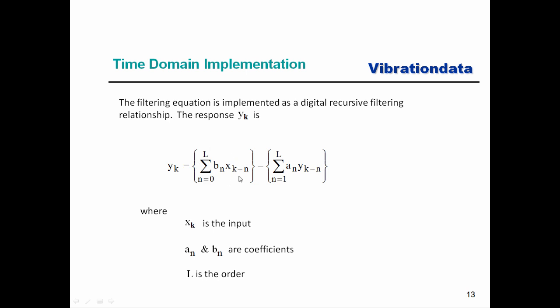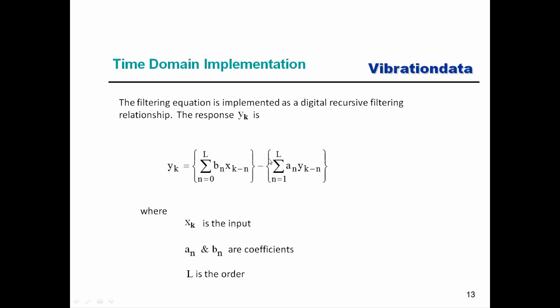In the first set, L is the filter order. So we have B sub n. These are the coefficients that get multiplied against the time history input points, and then there's the summation shown here. And in order to calculate those coefficients, we need to refer to the methods in a paper posted on my blog for this webinar unit.